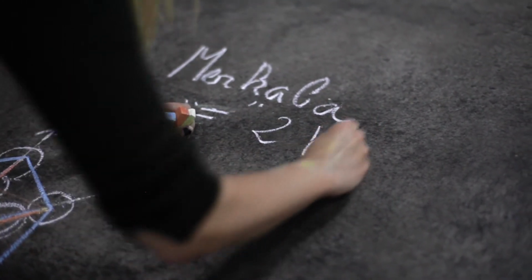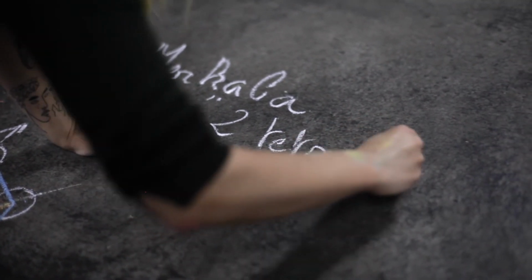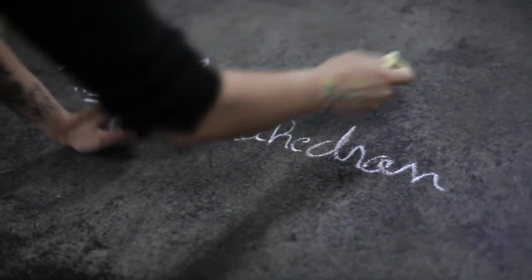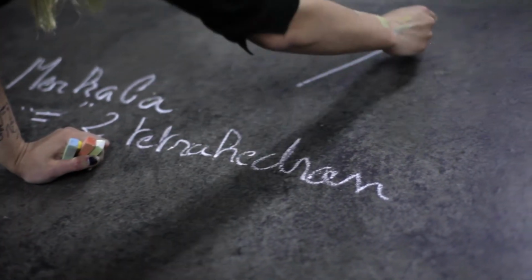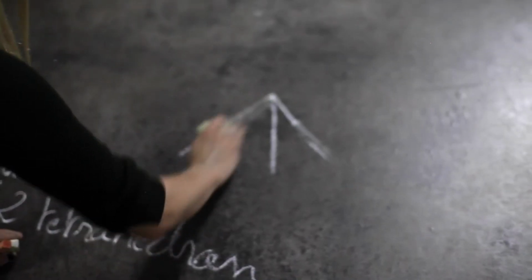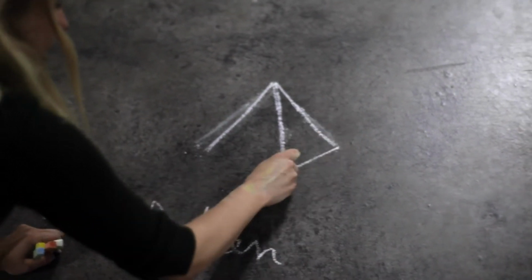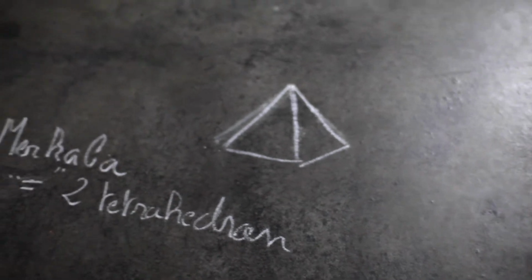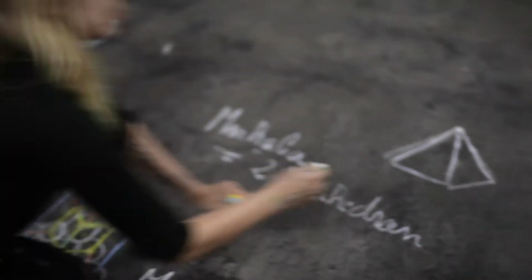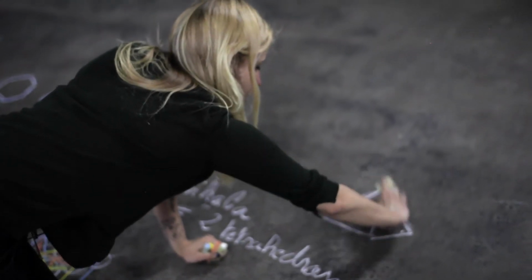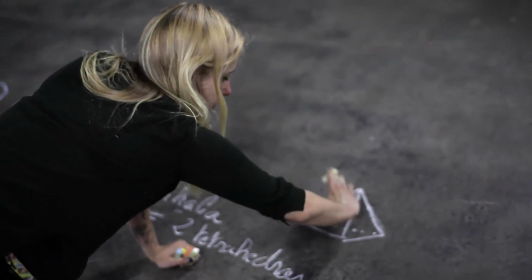How do you shape a Merkaba? With 2 tetrahedrons. What is a tetrahedron? It looks like a pyramid, but the only difference is that it has a triangular base. Before, the pyramid had a square as a base, but here the base is a triangle, and the triangles are all the same size.